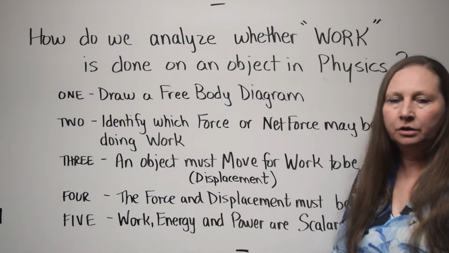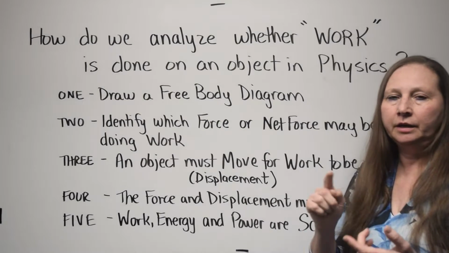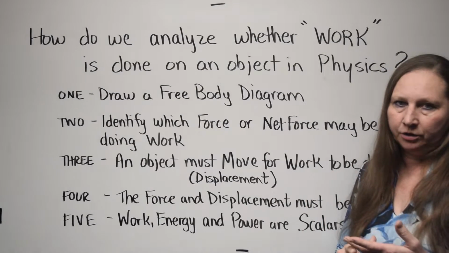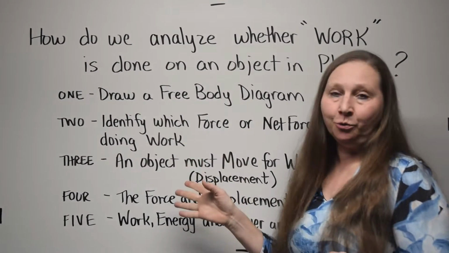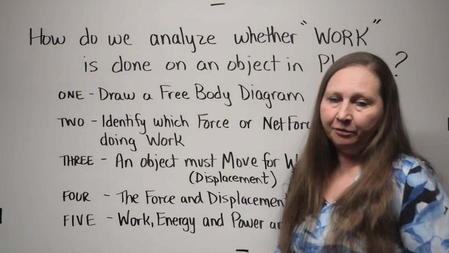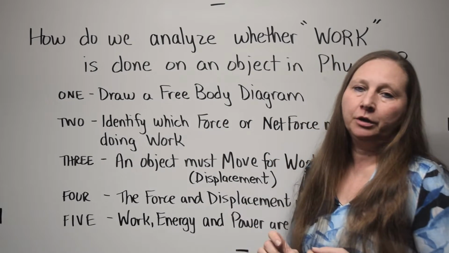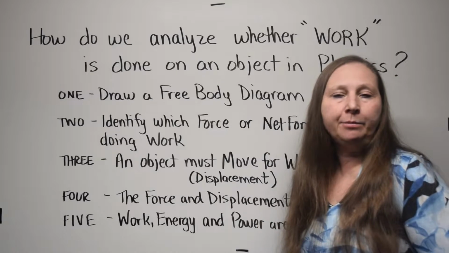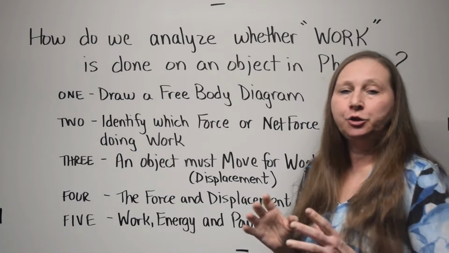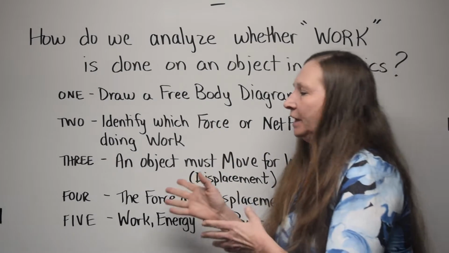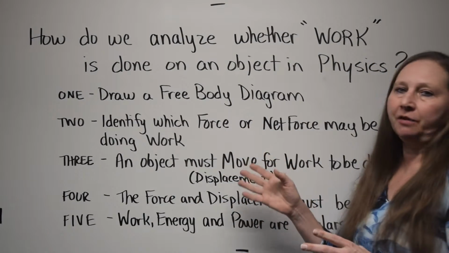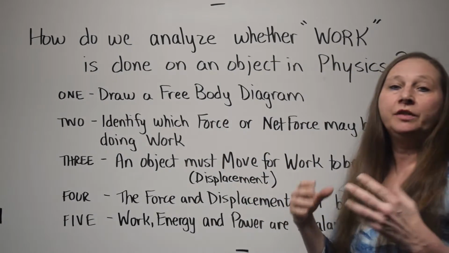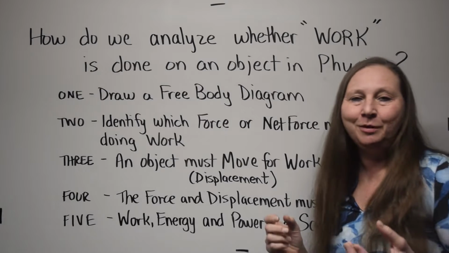All the forces on the object, their magnitudes, and the correct directions. Number 2, in day-to-day life, people tend to talk about the person or the object or the machine that's doing the work. But in physics, you want to identify the force or the net force that may be doing the work.